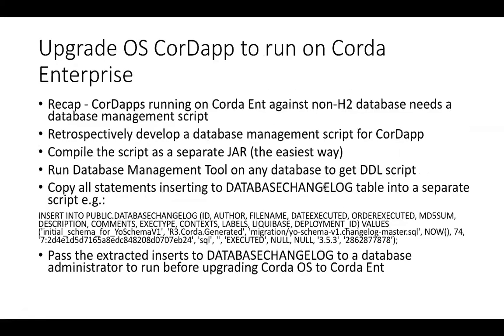The more complicated case is when you actually have an existing open source node. By open source I mean it was always running on an open source node and it never had Liquibase scripts.